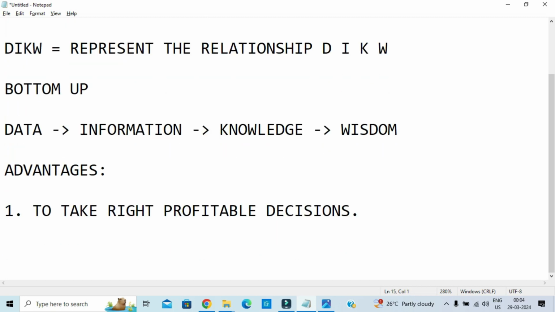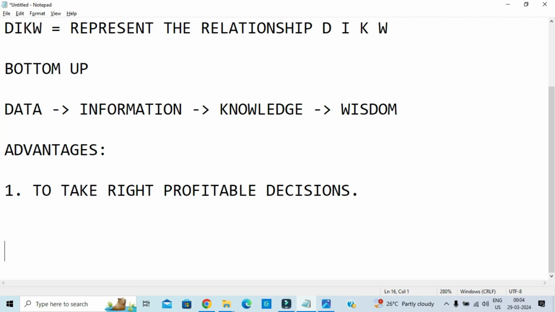It produces high quality and reliable information, and that's why we use this. These are the advantages of the DIKW pyramid: data, information, knowledge and wisdom.